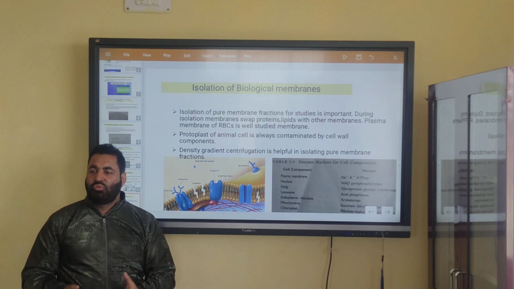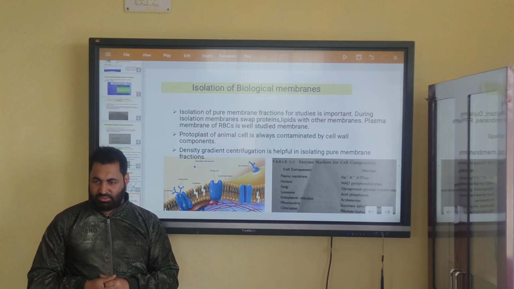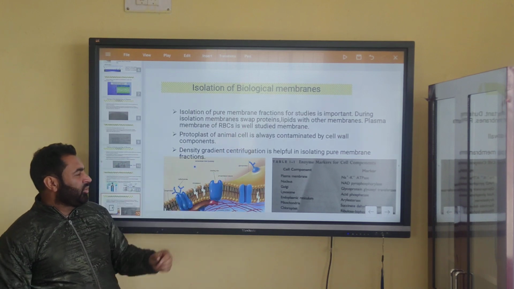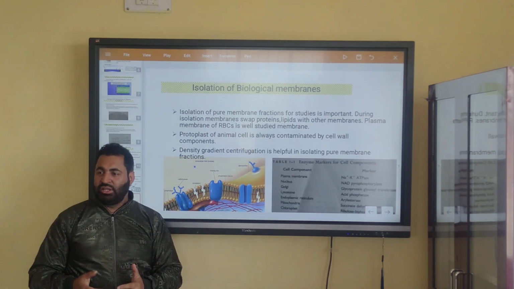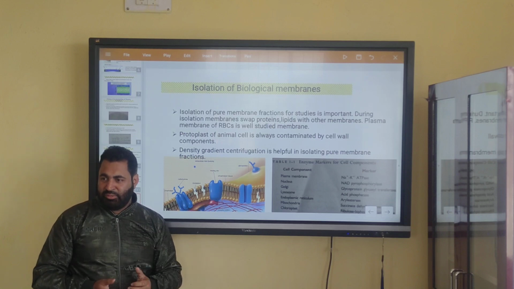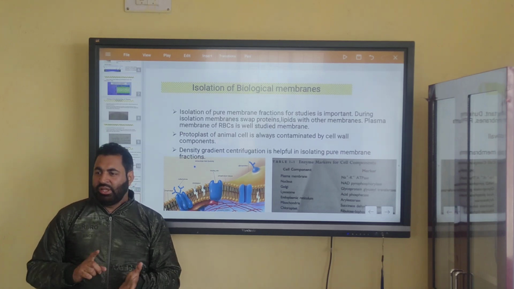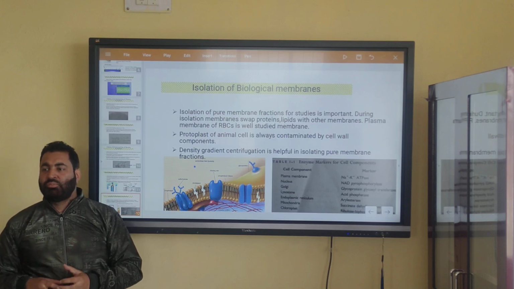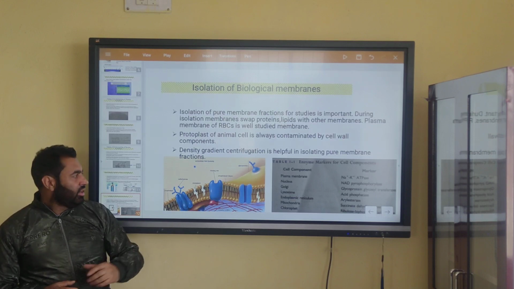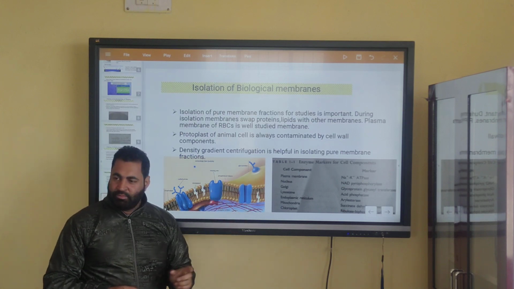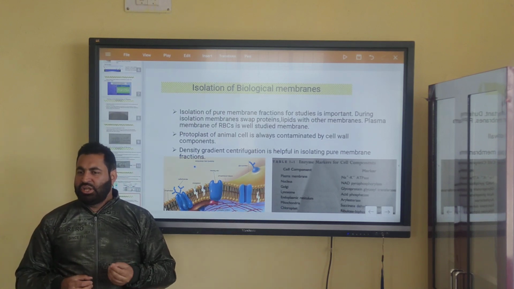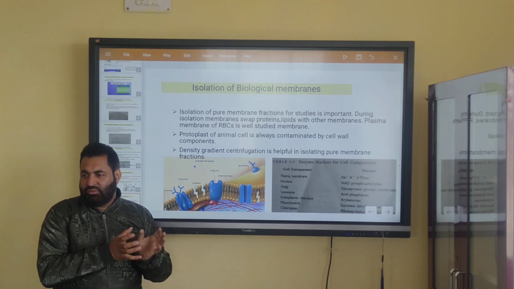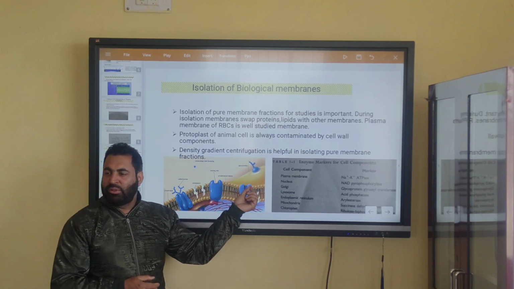So it was not known what exactly is the nature of the plasma membrane. Then came density gradient centrifugation, which allowed us to isolate different endomembranes as well as plasma membrane. And the plasma membrane of red blood cells is the most well studied plasma membrane because RBCs don't have any other organelles. So whatever membranes we are getting, those will be from the plasma membrane.